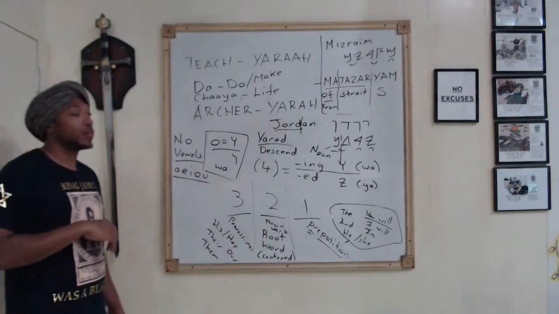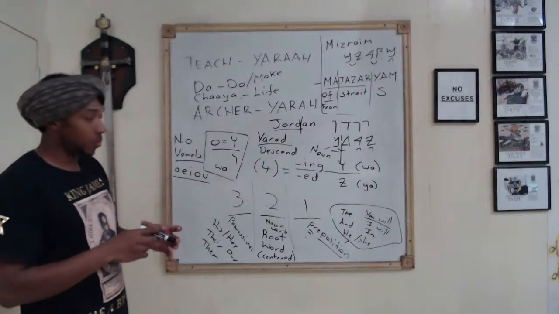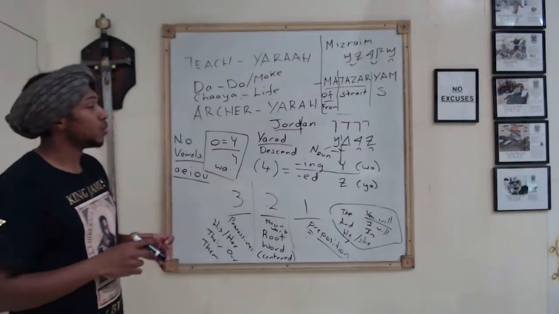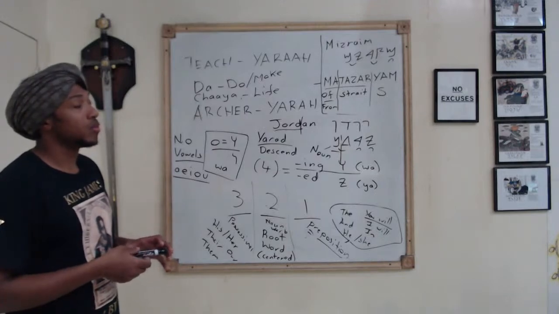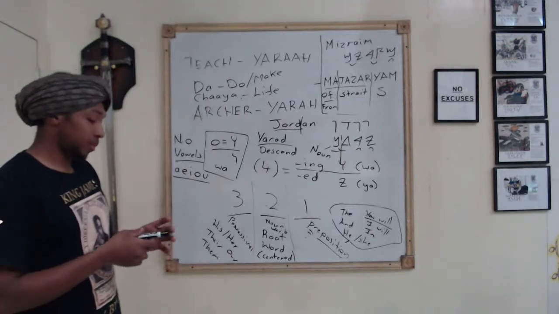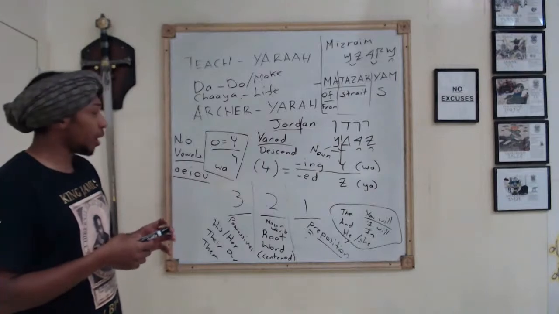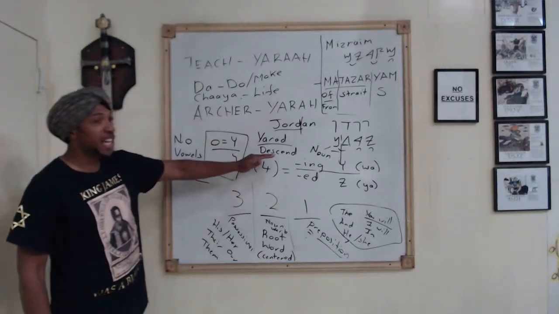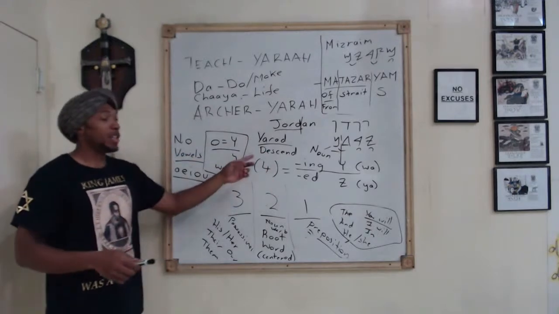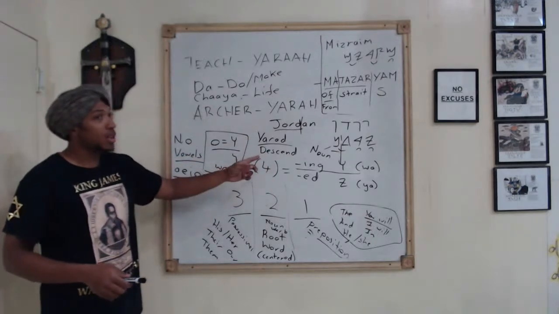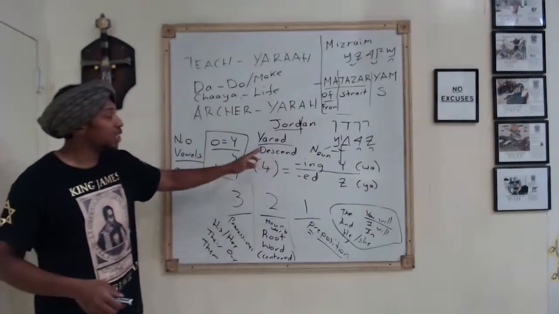The word Jordan derives from a Hebrew word, Hayarden, meaning flowing downward. So that's descend, going down, or the descender. So that's the word Yarad.